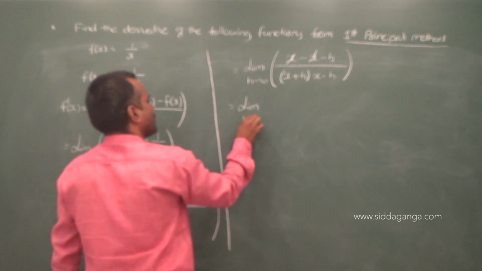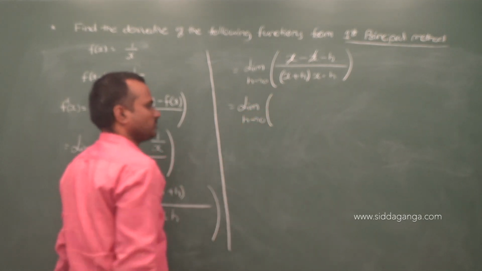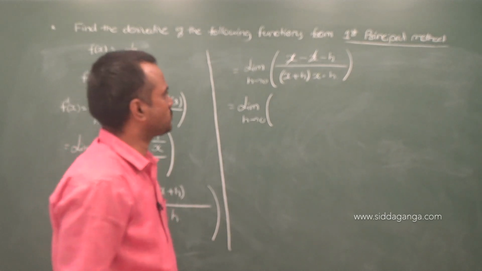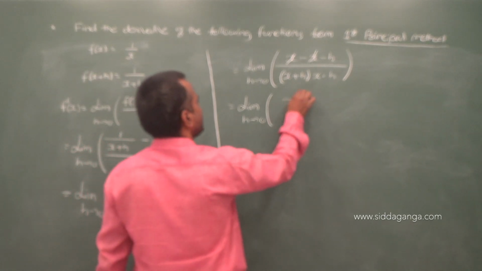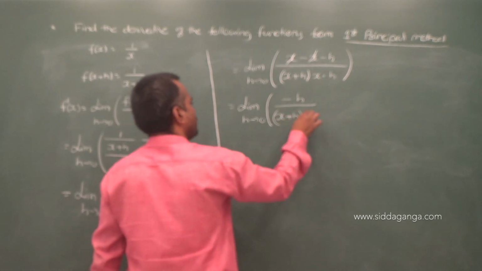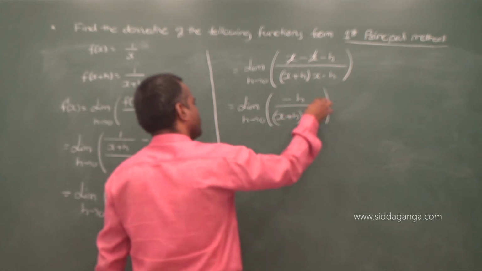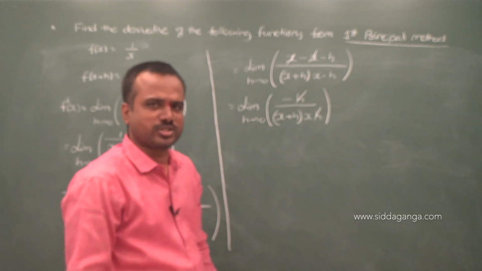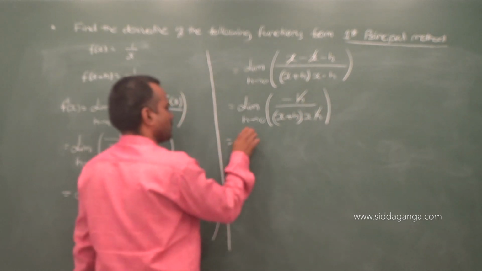Limit h tends to 0, minus h divided by (x plus h) into x into h. The h gets cancelled.